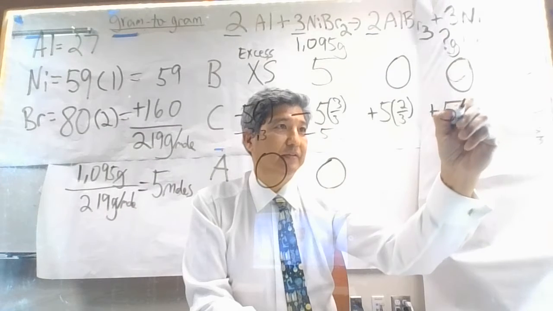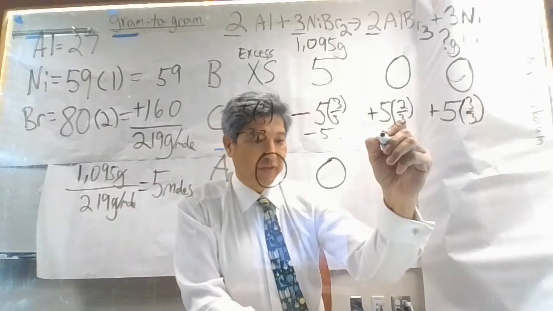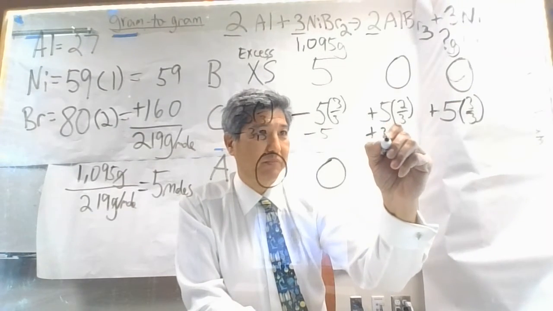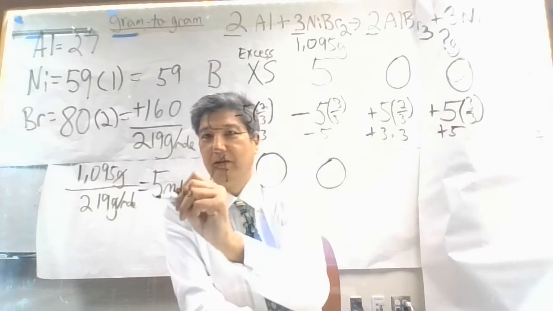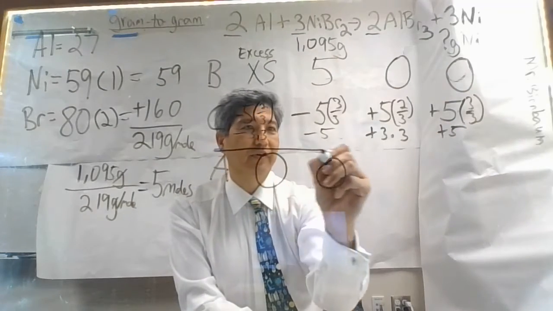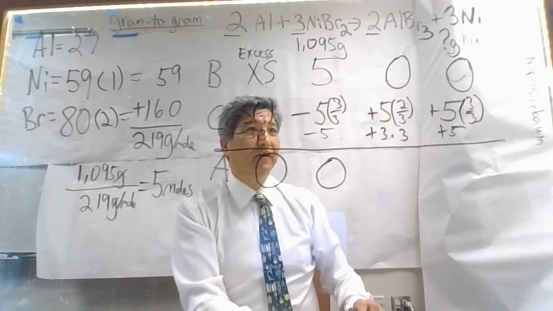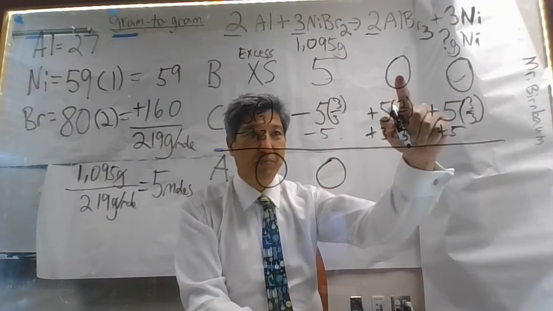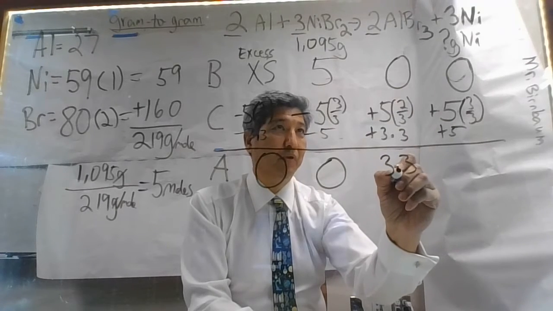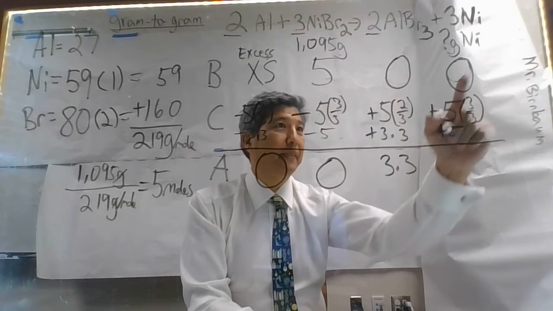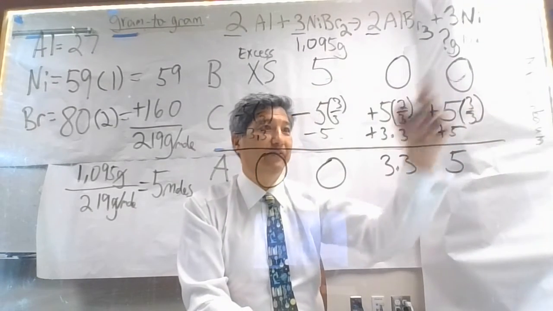And over here we've got 3/3. So this is going to be plus 3.3, and then this one is going to be plus 5. All right, let's draw a line right there, just to keep our change and after separate. If I started with no product and I added 3.3, I'm going to have 3.3 moles of AlBr3, and 0 plus 5 will give me 5 moles of nickel.